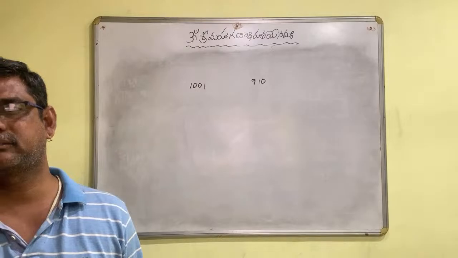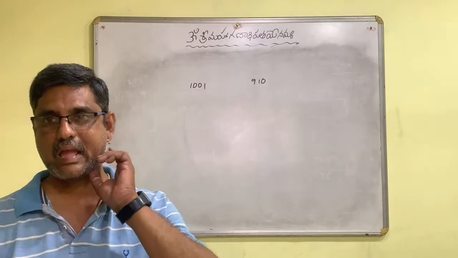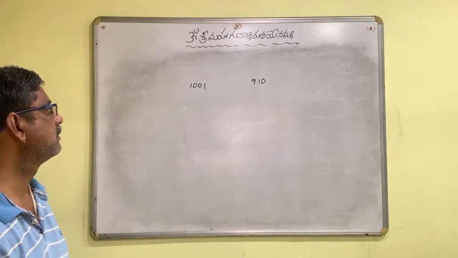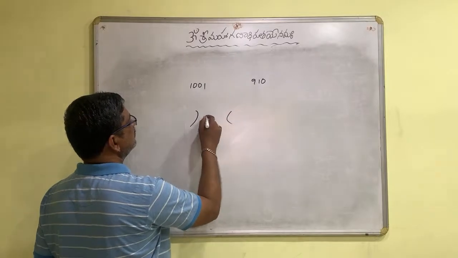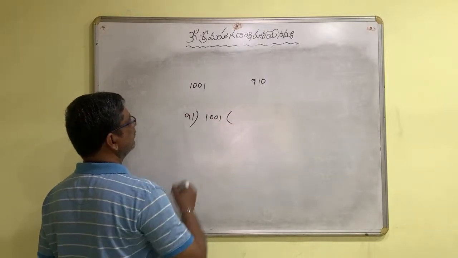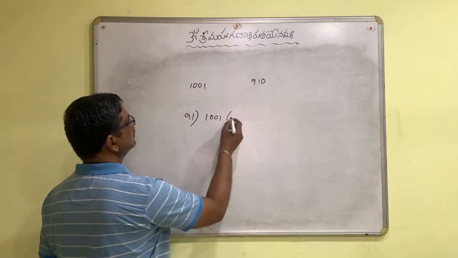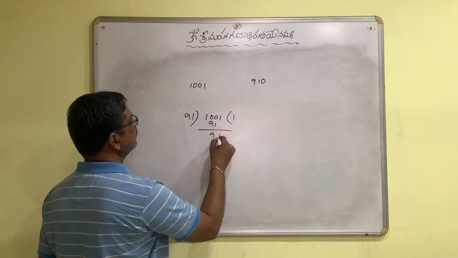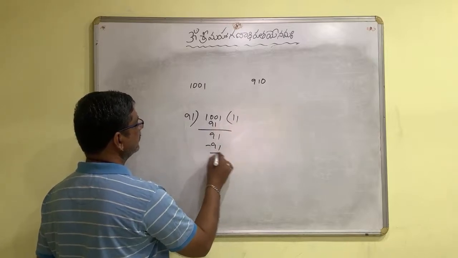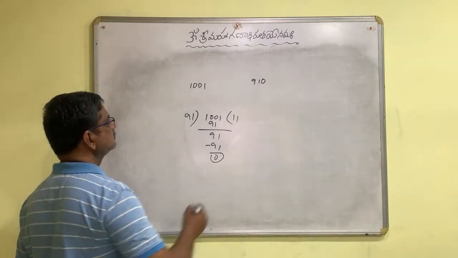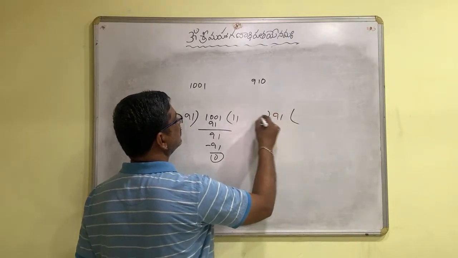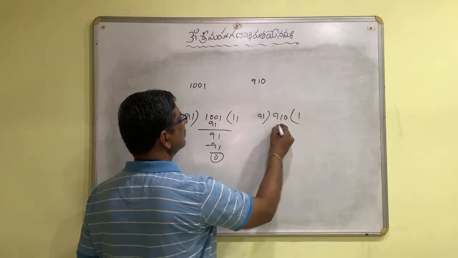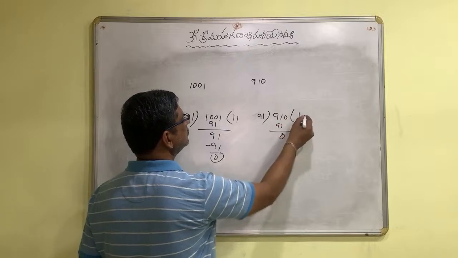Is that right? 1001: 91 elevens are 1001. And here also, 910: 91 tens are 910.